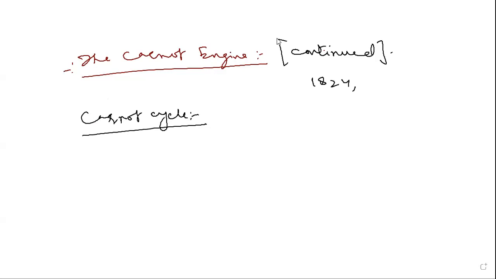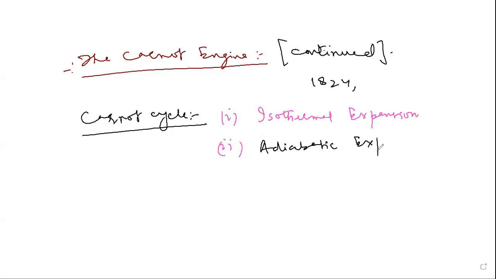There are 4 steps. First step is isothermal expansion, right? Second step is adiabatic expansion.